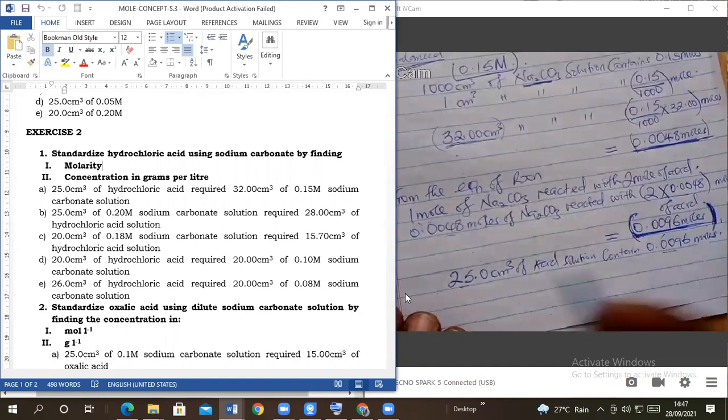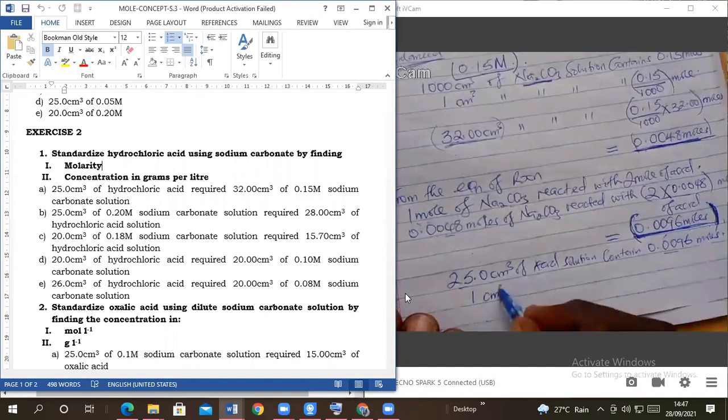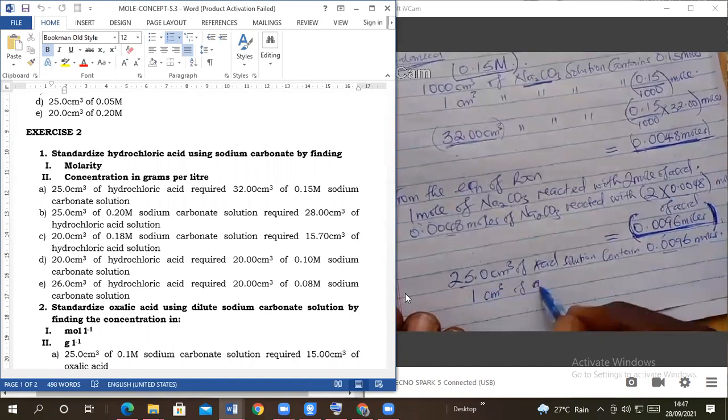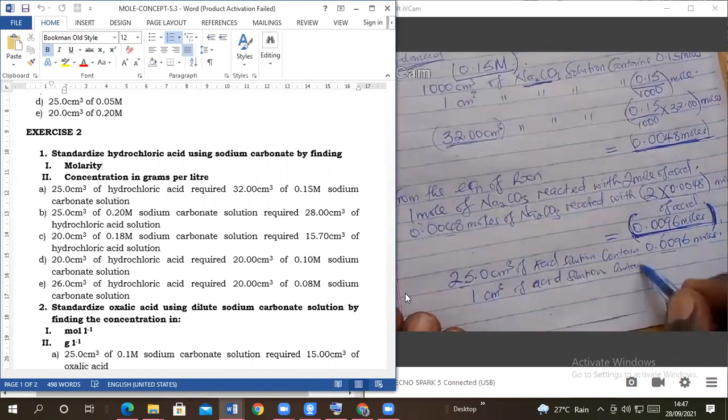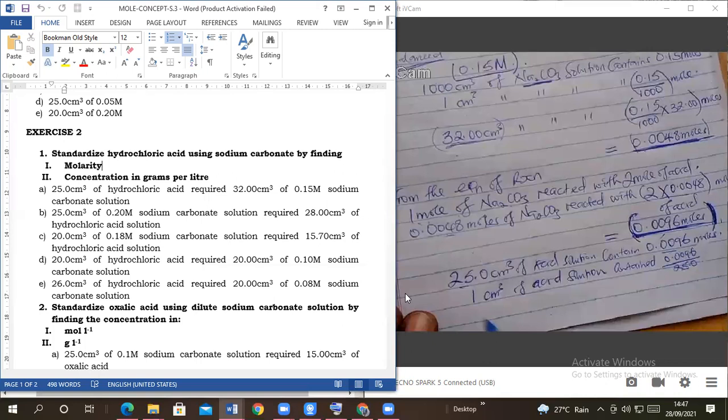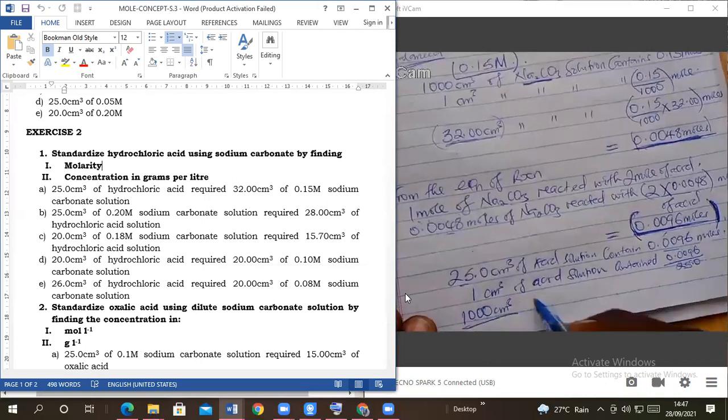So you ask yourself, what about 1 cubic centimeter of the acid solution? What did it have? It contained 0.0096 divided by 25.0. What about 1,000? Because 1,000 gives us the molarity of the acid, isn't it?